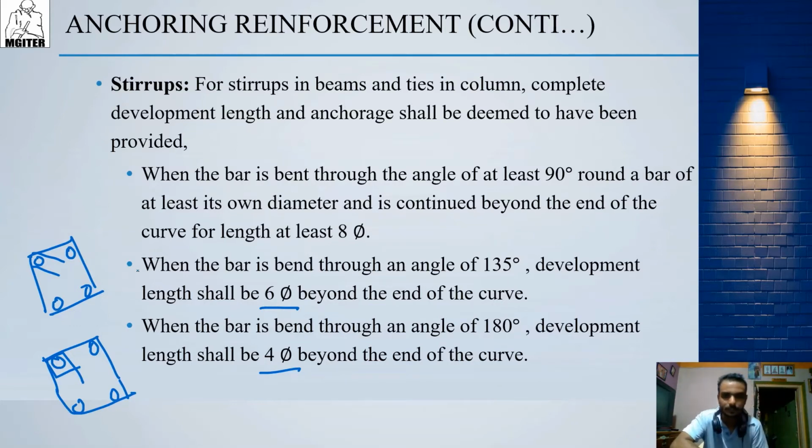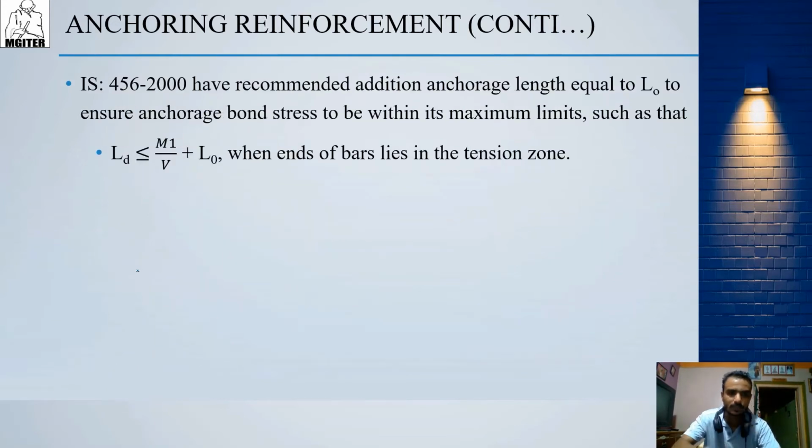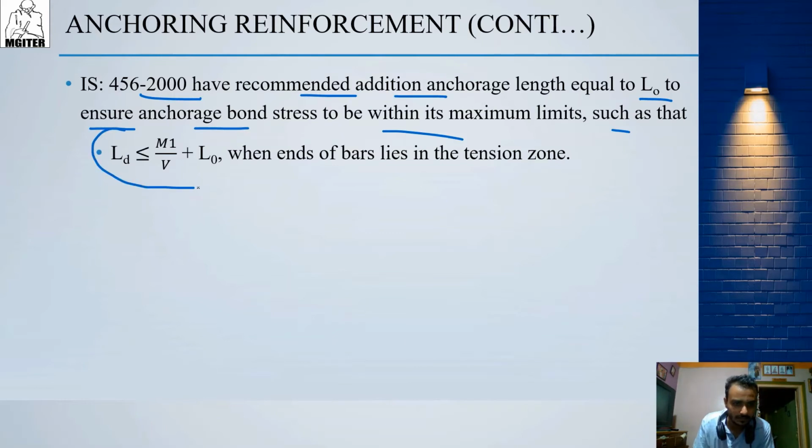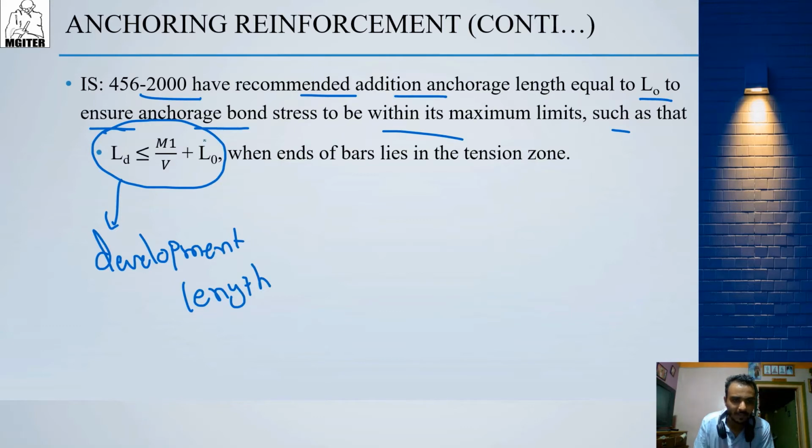Wait a second, students. In IS 456:2000, we have a recommended additional anchorage length equal to L0, to ensure the anchorage bond stress is within the maximum limit. These are the equations to find the development length.